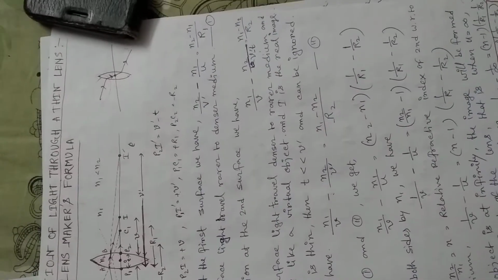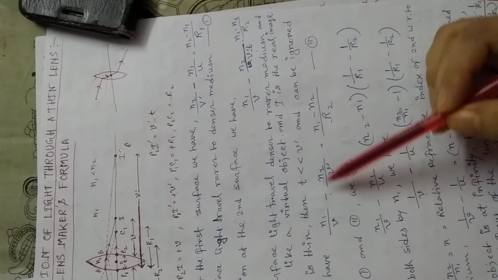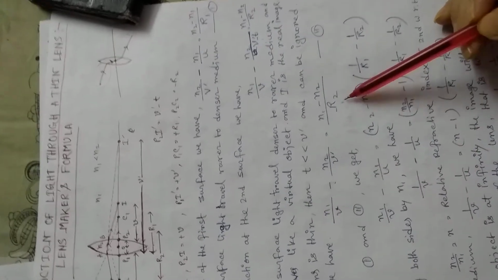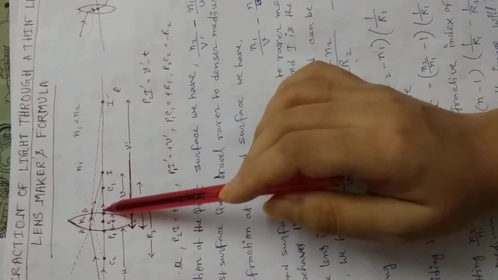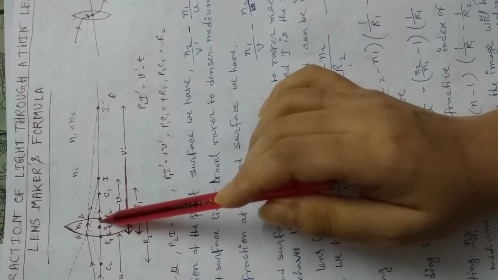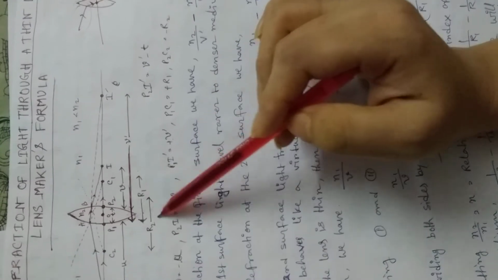Then this equation becomes N1 by V minus N2 by V dashed equals N1 minus N2 by R2. R2 is the radius of curvature of this second surface. Just look here, P2C2 is the radius of curvature of this second surface.